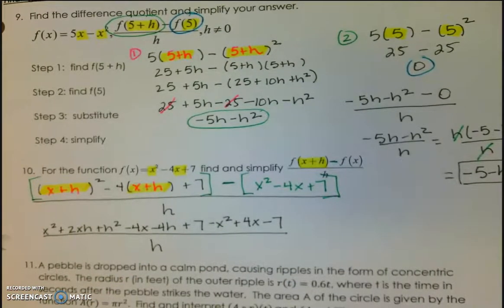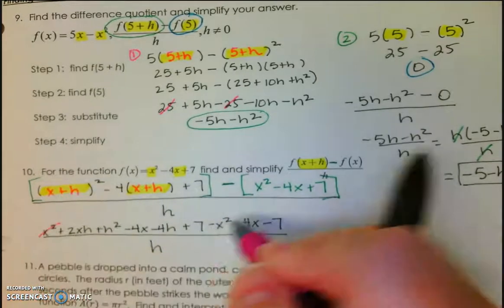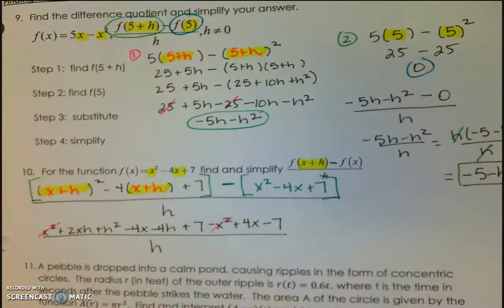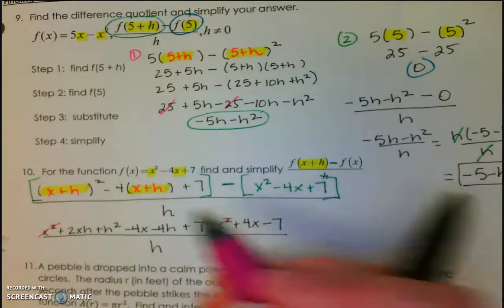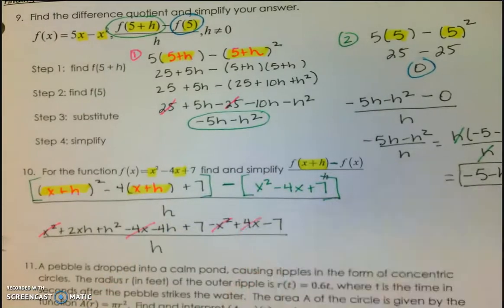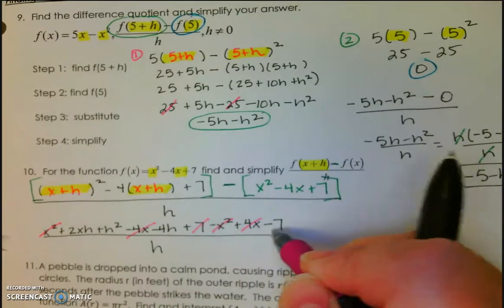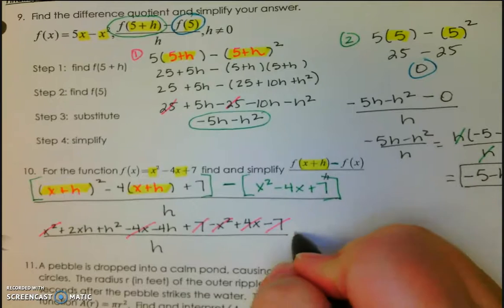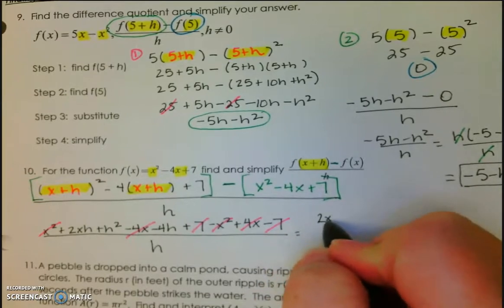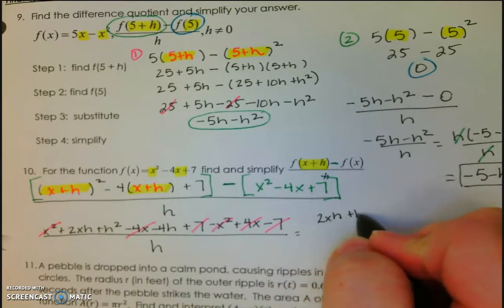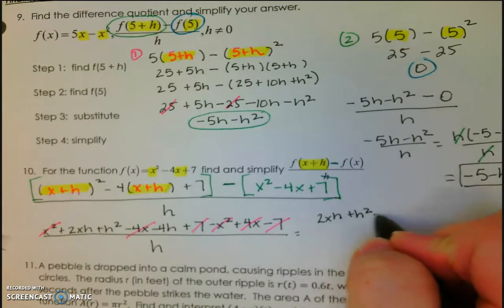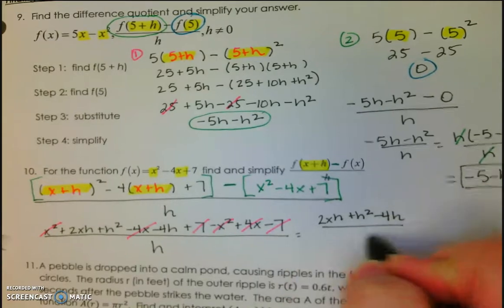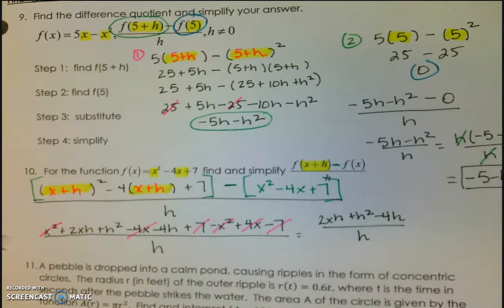Now we have some stuff that goes away. X squared minus x squared is 0. Negative 4x and positive 4x is 0. Positive 7 and negative 7 is 0. So we're left with 2xh plus h squared minus 4h over h.